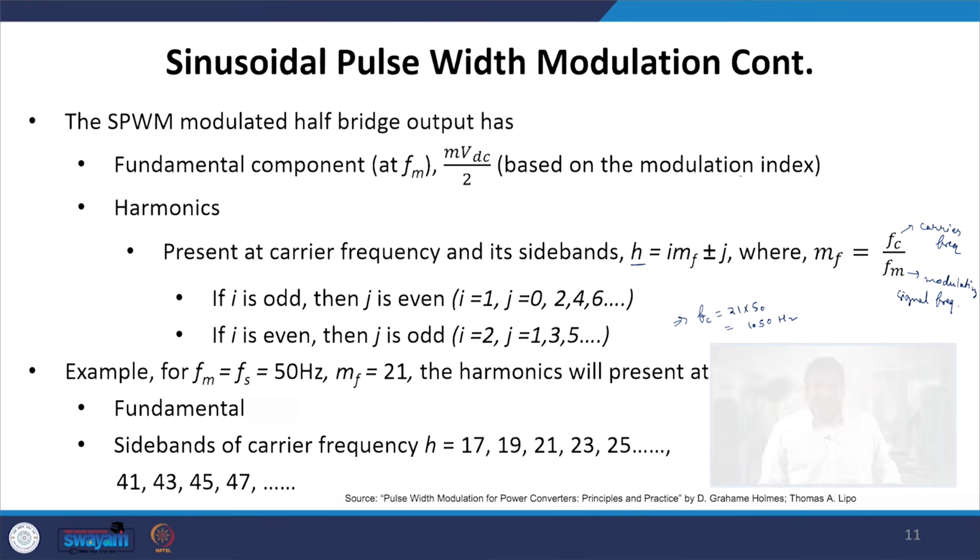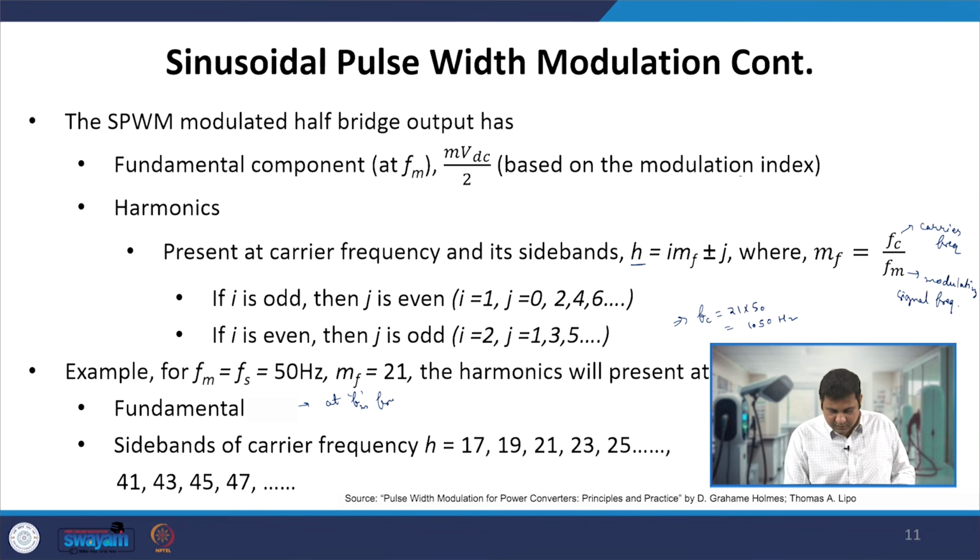Then we will have the frequency component at the fundamental frequency, H equal to 1, which is at the FM frequency, the same as the modulating signal frequency. Along with that we have the frequency component at the sidebands of the carrier frequency, which is I equal to 1 and J equal to 0. So that means H equal to 21.